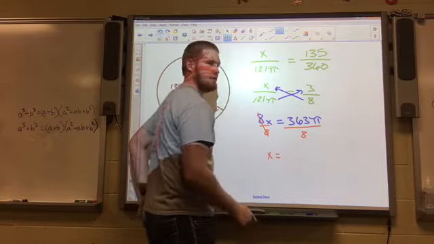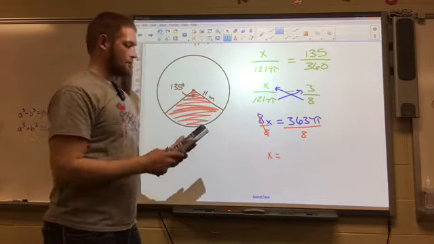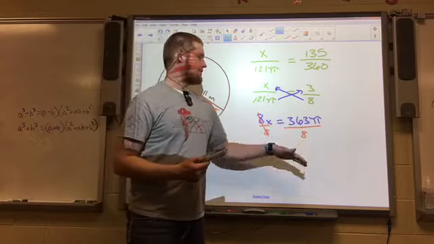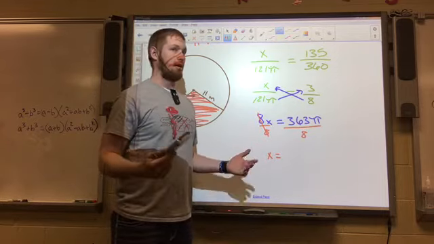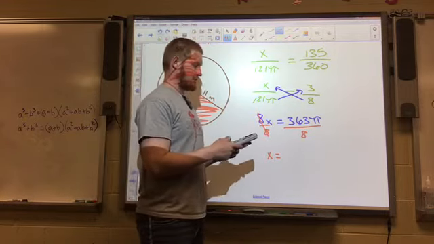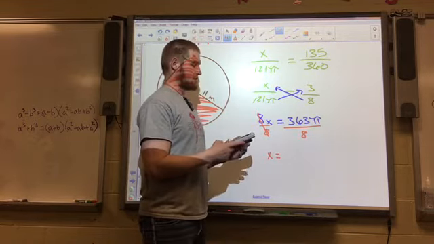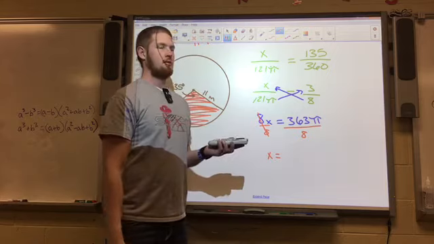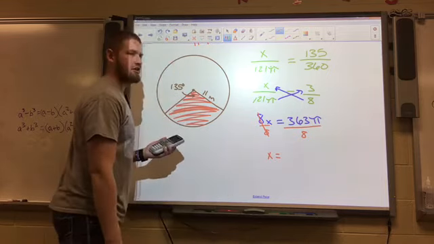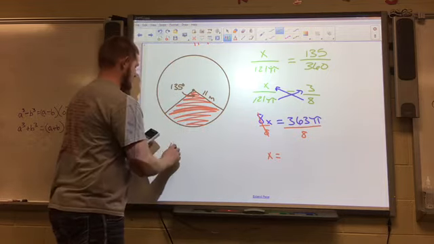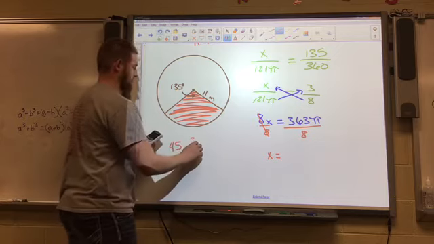X equals, now this is where the other way you can use this. I don't know, does 363 over 8 reduce? I don't know. But if you take 363 and divide it by 8 in your calculator, and then change it to a fraction, okay, what do you actually get when you change it to a fraction? So you get 45 and 3/8, right?